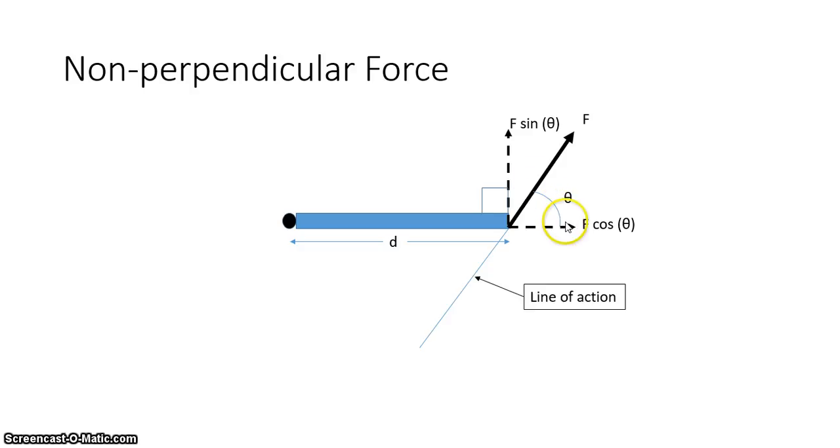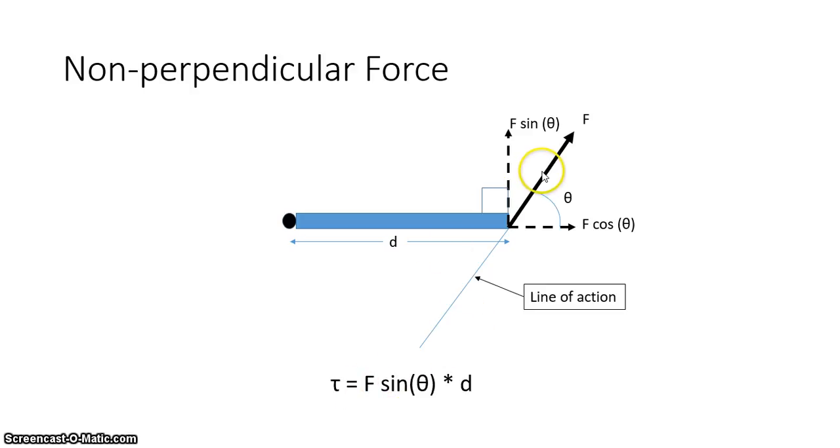The y component of this force is f sine theta, and you'll notice that the y component is perpendicular to the moment arm. So if we multiply f sine theta by the moment arm, that also gives us torque, as we show here in this equation.